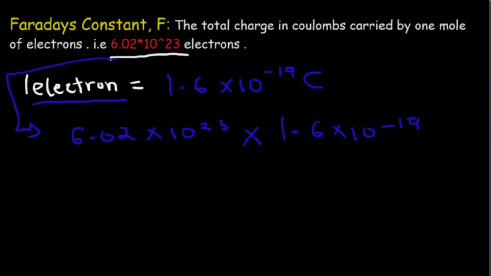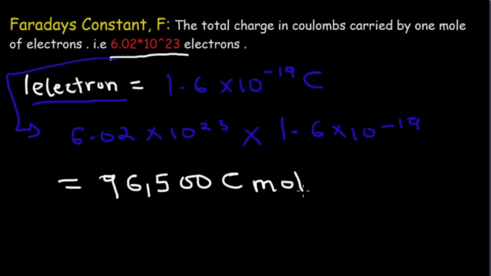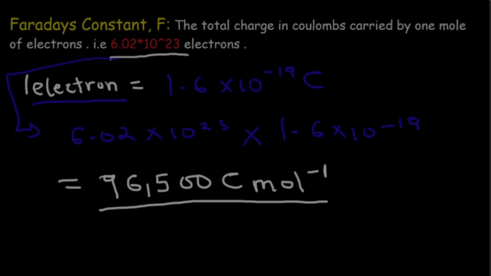So multiplying these two together, we obtained 96,500, and the unit of this is coulomb per mole, right? So this is the charge carried by 1 mole of electrons. Now take note of this value because we will be using this in our calculations.